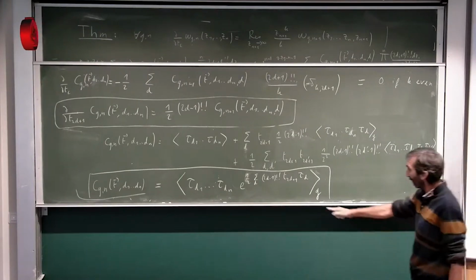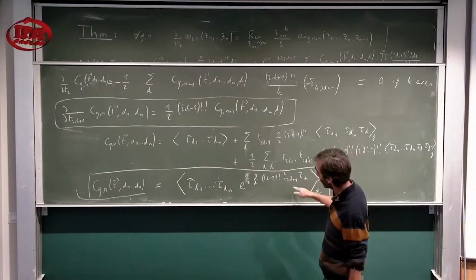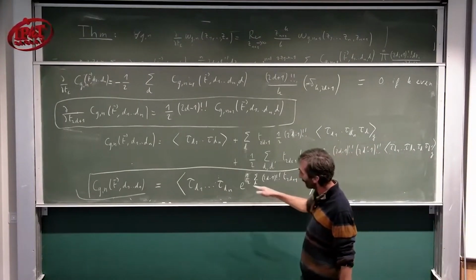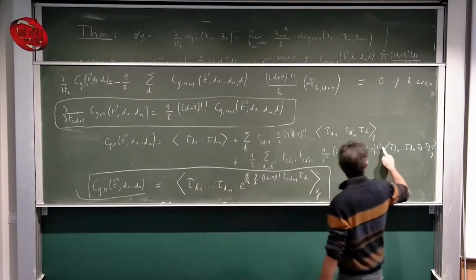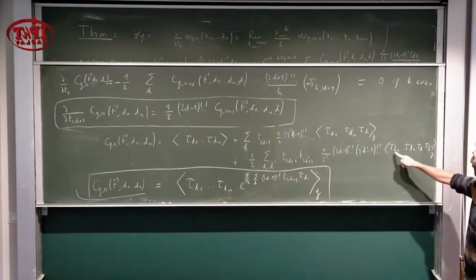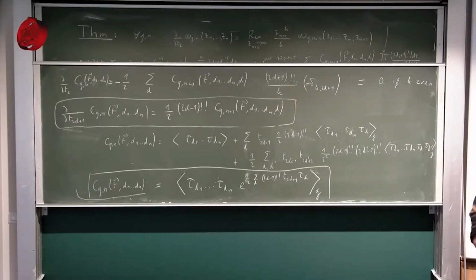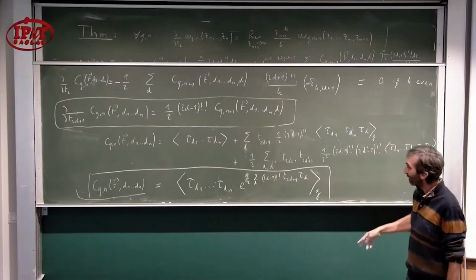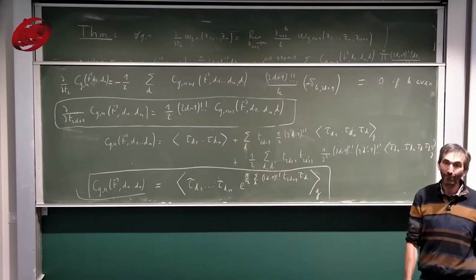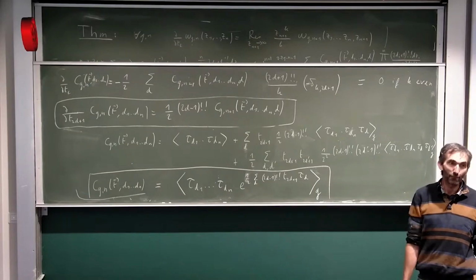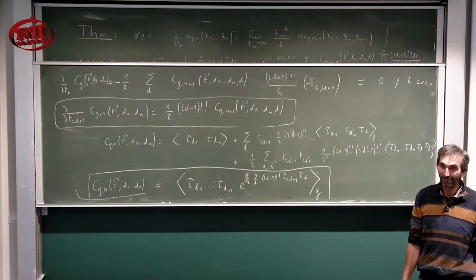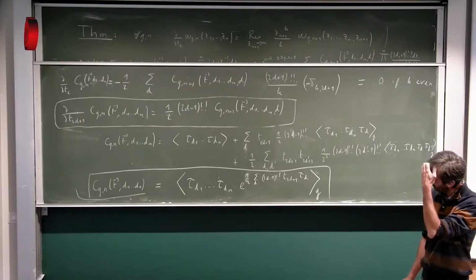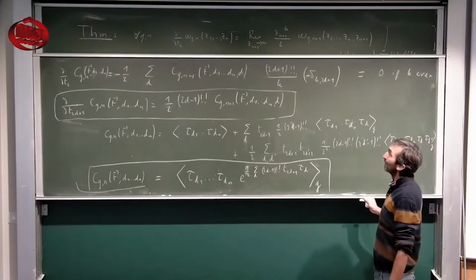Now, here you have an exponential involving many tau d's, but in Witten's notation, an intersection number like that is non-zero only if the sum of degrees is 3g minus 3 plus n, which means that when you do the Taylor expansion here, there are only finitely many terms. In fact, the exponential is a polynomial of intersection numbers. So this is the general solution.